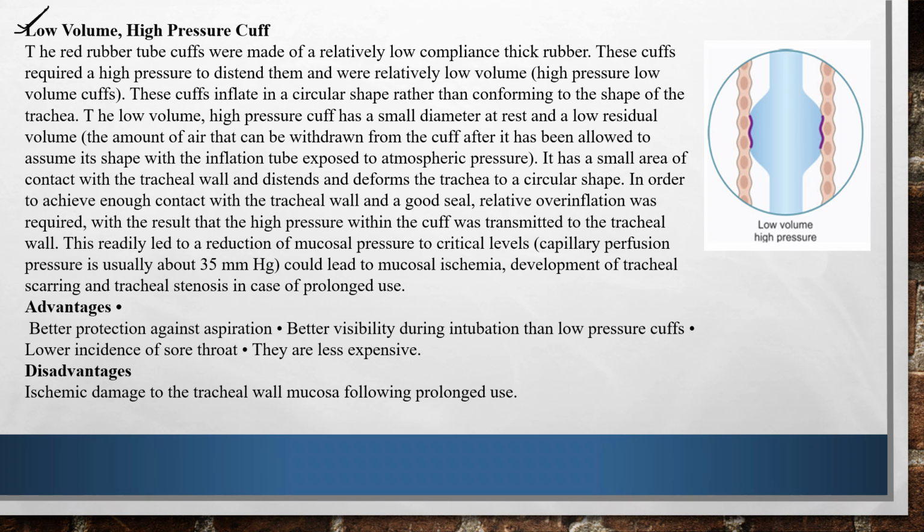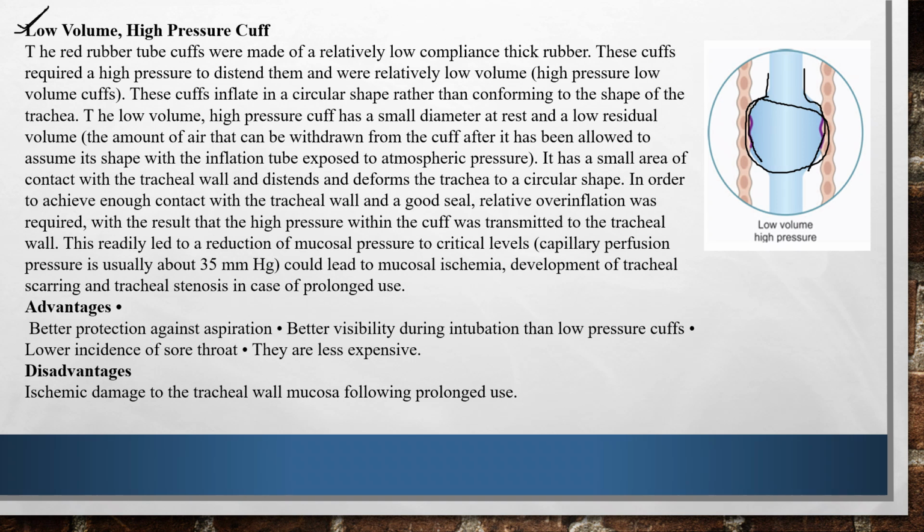As in the picture given, this type of cuff has a very small area adjacent to the tracheal wall, and it occupies much less area than the high volume low pressure cuff. This cuff inflates in a circular shape, and it provides a good seal and prevents aspiration.